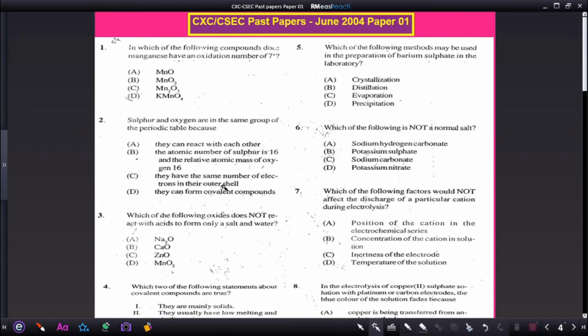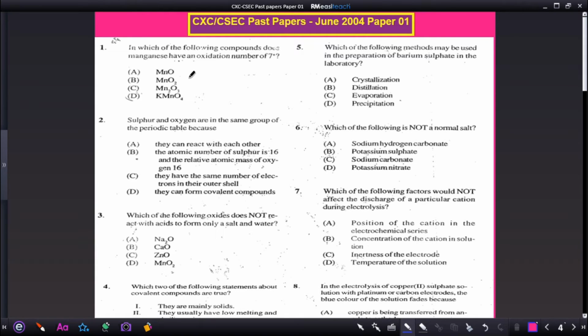In which of the following does manganese have an oxidation number of +7? Alright, so let us see how we can work that out.